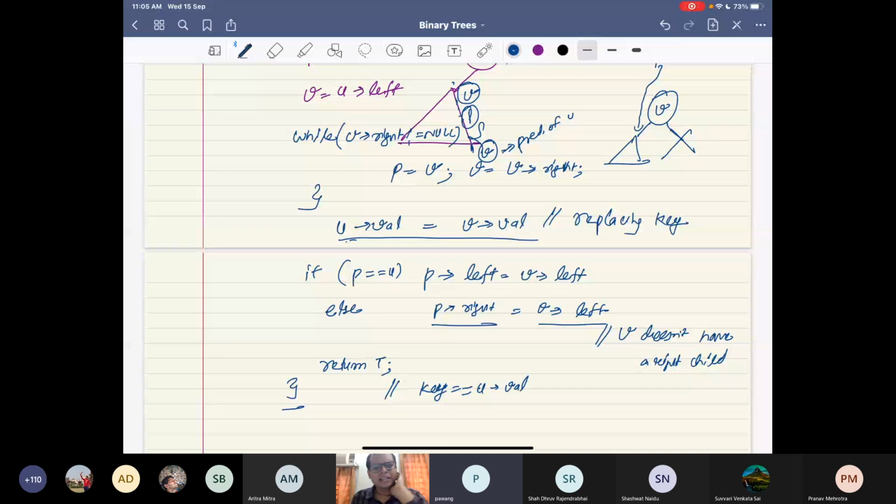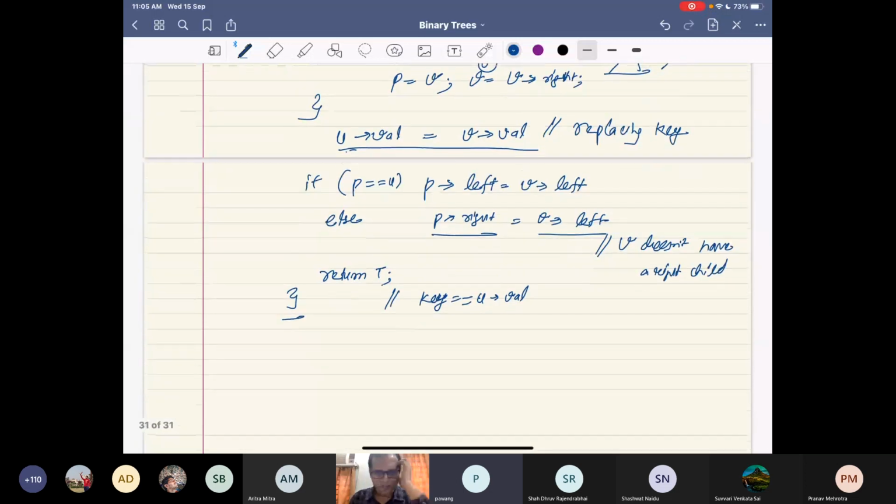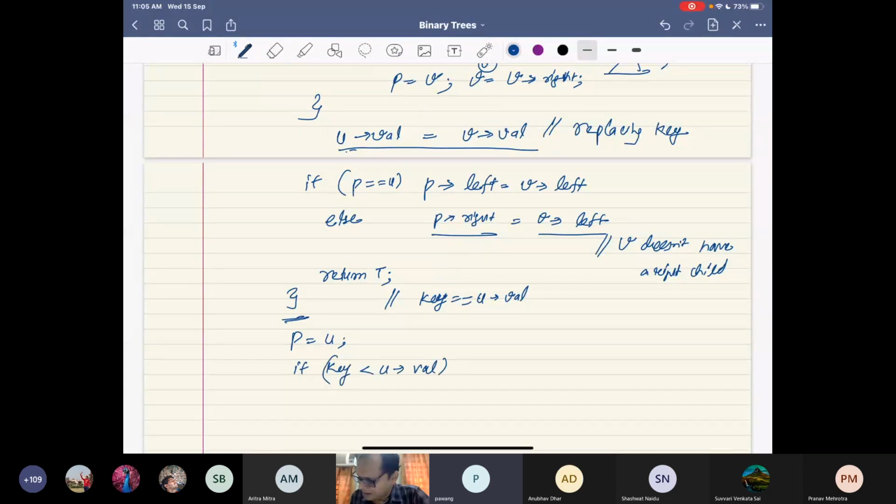But there are other cases where P can be less than UL or larger than UL. So that you have to take care of now. So this is done. Now you change your P to U, parent becomes U, and where you go depends on your key.